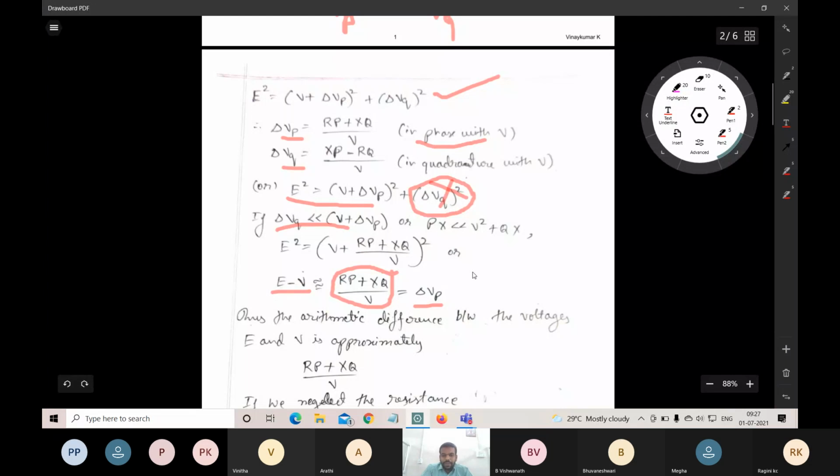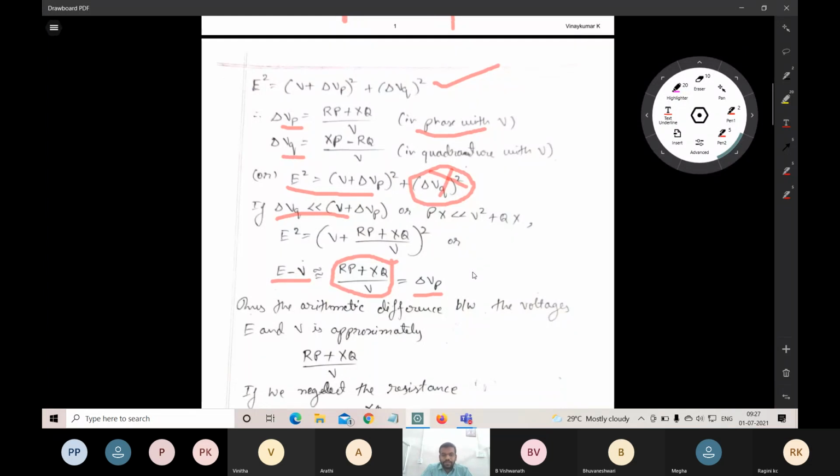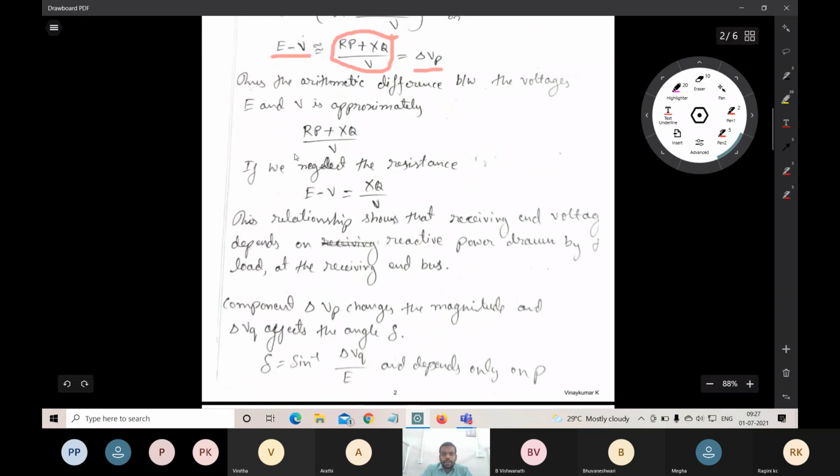So the difference between the voltages E and V is approximately equal to Rp plus XQ divided by V. Here, since we are considering inductive loads, you can neglect the resistance and just consider the reactance. Or, if you consider the resistance, neglect the reactance. So take it as two cases: first consider only the resistance terms and avoid the reactance, and in the next case neglect the resistance and consider the reactance. Like that we can do.